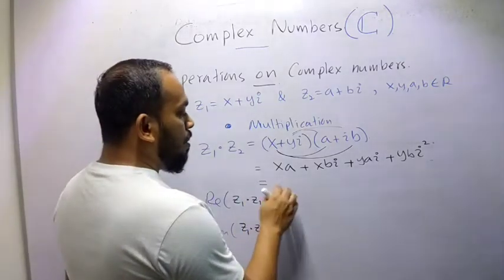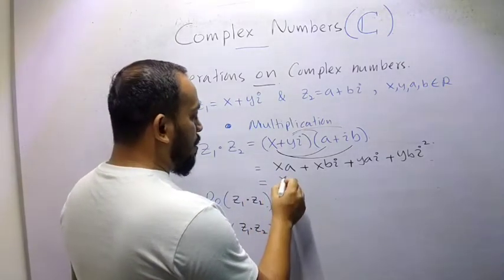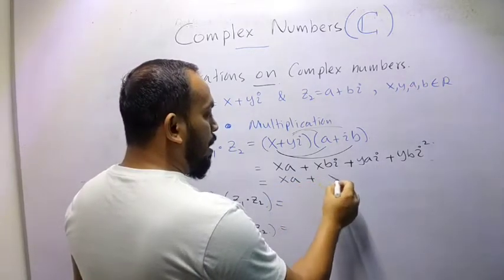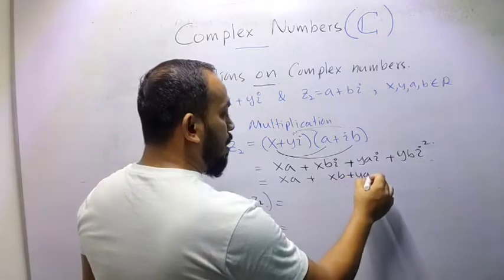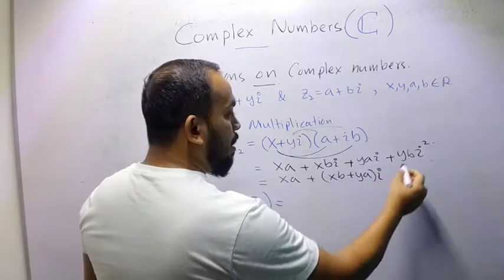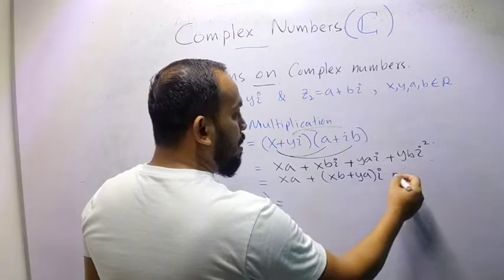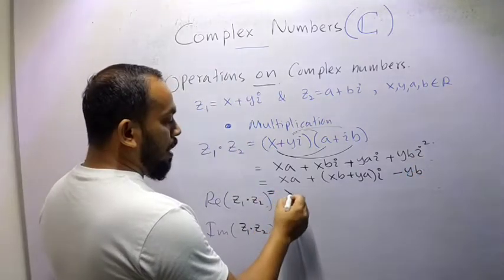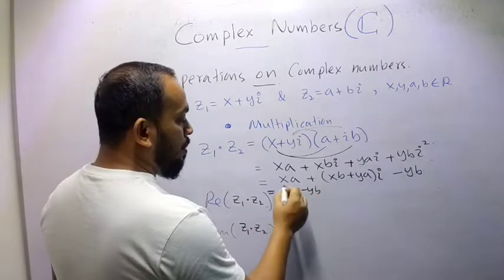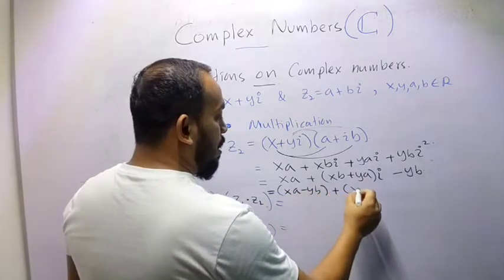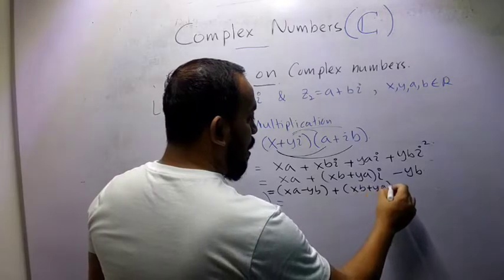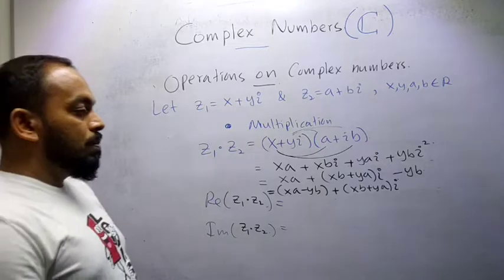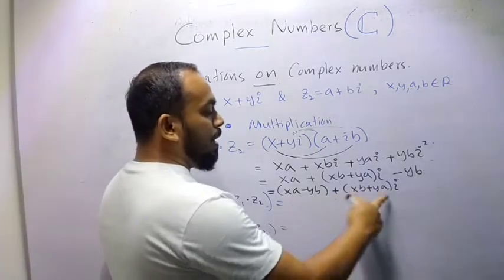Now, xa, so writing one step again, plus this one is xb plus ya times i. What about this one? This is minus 1, so this would be minus yb. So xa minus yb plus xb plus ya times i. That is our complex number. Again, notice here we get a complex number.